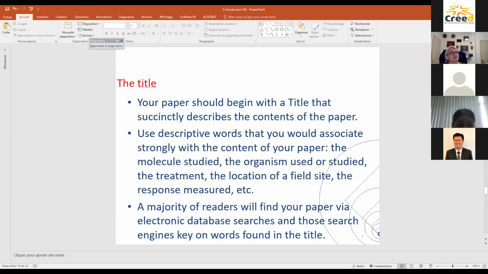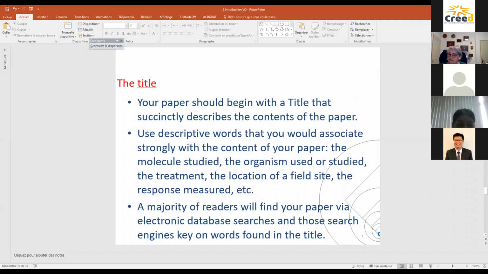So your title needs to succinctly describe the content of the paper. You need to use words that are strongly associated with your paper. For example, the organism in the PDF was Burkholderia pseudomallei, and the location of the field site was Laos.